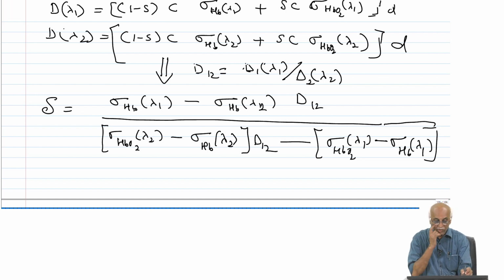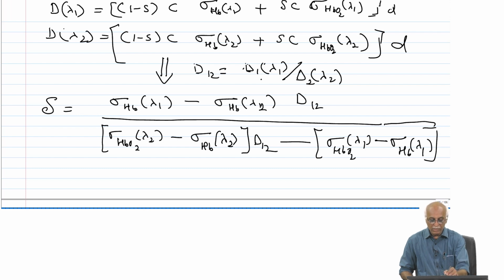So, we know sigma of hemoglobin based on the database. We know sigma of oxyhemoglobin at lambda 1 and lambda 2 respectively, as well as D12 based on our measurements. Based on the measurements, we know the input intensity and output intensity at lambda 1 through this cuvette, as well as at lambda 2.